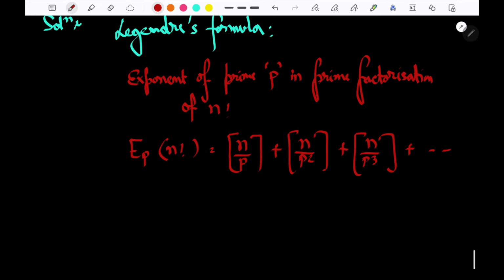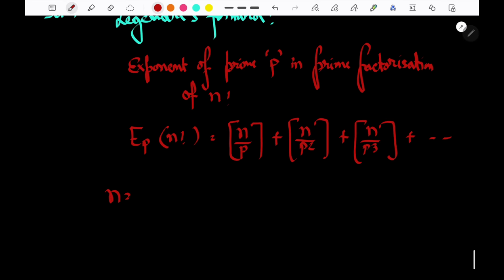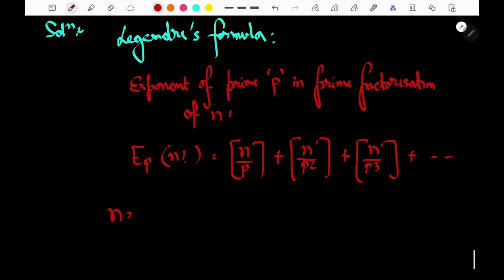Okay, so if I put 2, how do we find it? Now here n is 20 factorial. n is 20, and p is what? 2. So let's start.